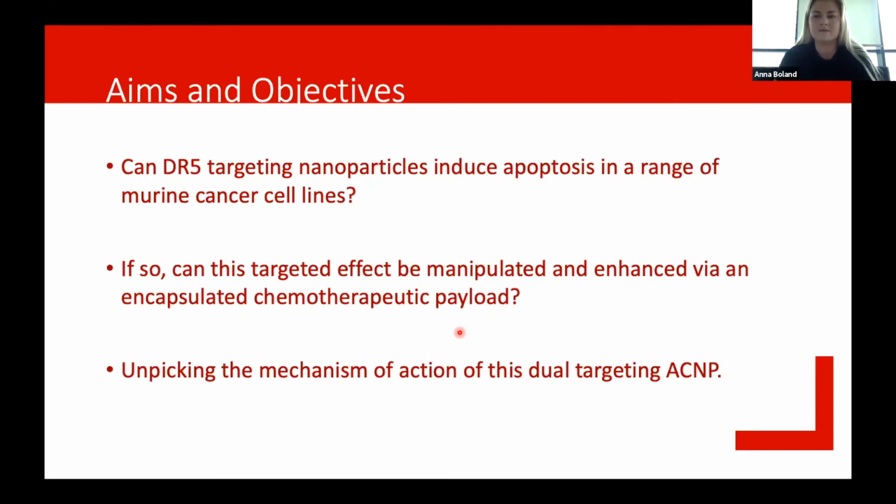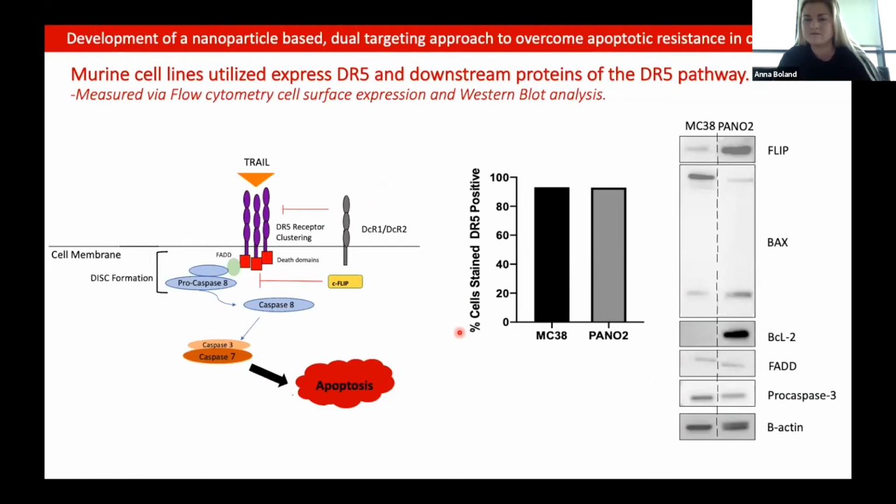So to start, we did this in a range of cancer cell lines, but for the purposes of today, I'm only going to talk you through results in 2: MC38s, which are a colorectal line, and PAN02s, which are pancreatic. And first of all, we demonstrated via flow cytometry that both of these cell lines express very high levels of DR5 on their cell surface, and they also express a key range of pro- and anti-apoptotic proteins, key proteins in the signaling pathway.